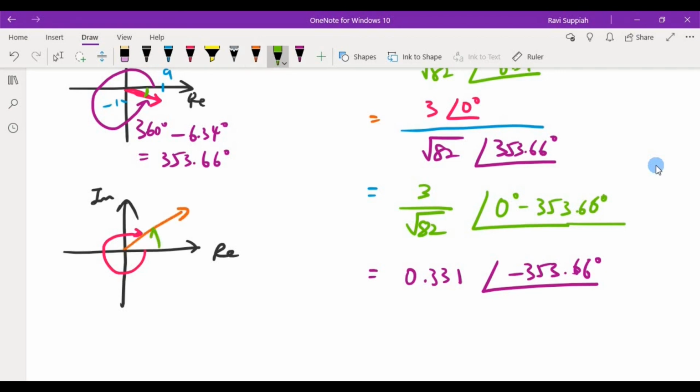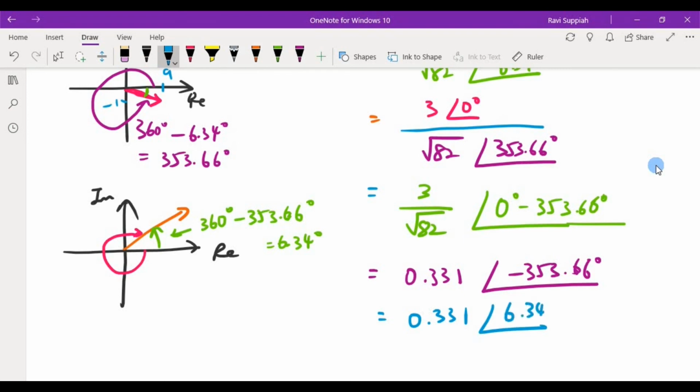So this angle here will be 360 minus 353.66 degrees, which will be 6.34 degrees. So what you have here finally is 0.331 angle 6.34 degrees.